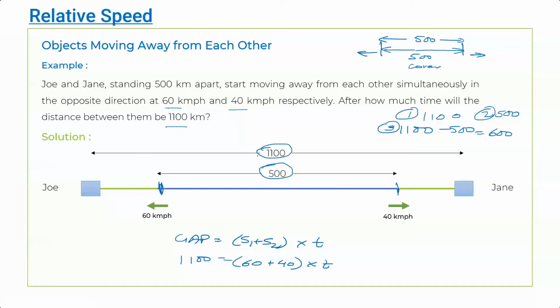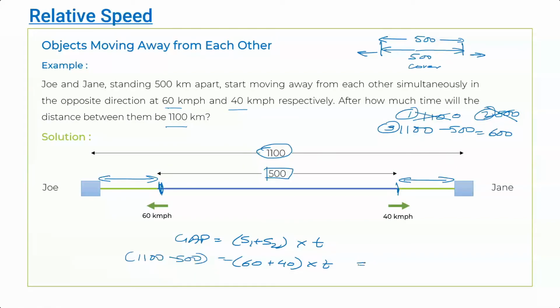Okay, in this question, they are not covering this 500. So 500 would not be your answer. They're also not covering 1100. So 1100 would also not be your answer. They are basically covering this distance, this plus this. If you want to find out that distance, then you would have to write it as 1100 minus 500.